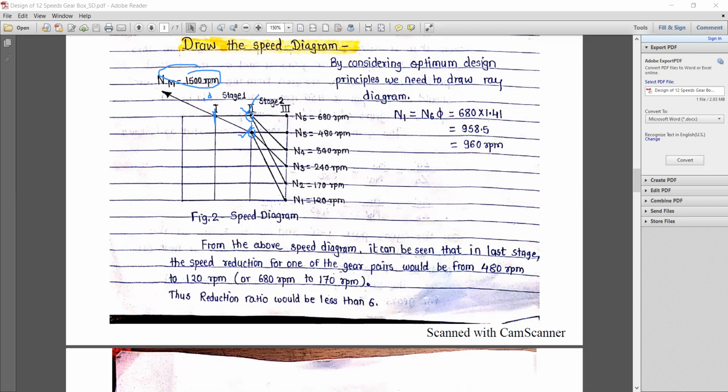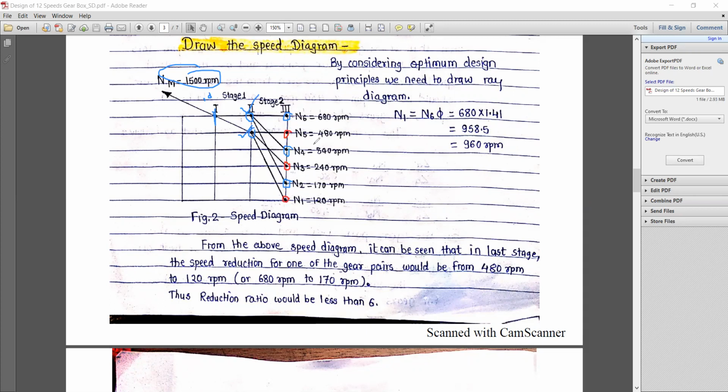Now from 680 rpm we get 3 points: first 680, second 340, and third 170. From 480 we get 3 points, that is 480 rpm, then 240 rpm and 120 rpm.